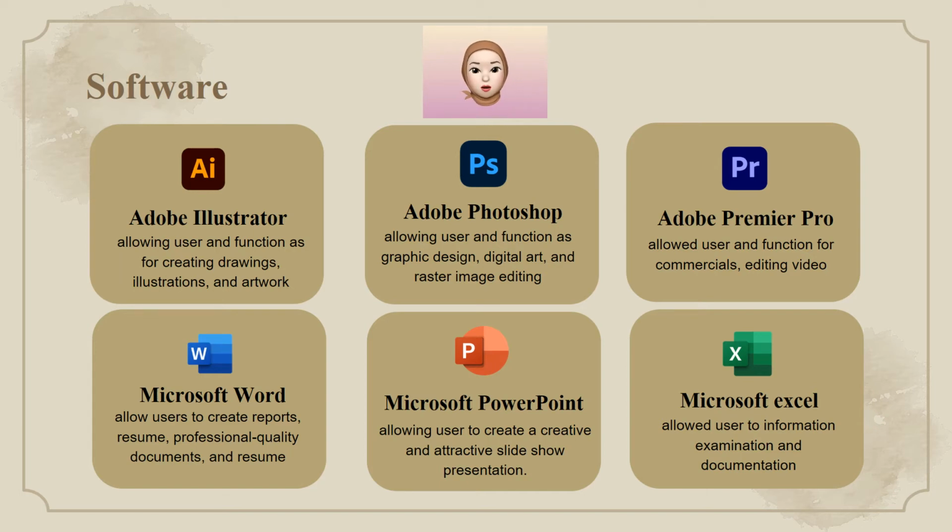Next is the examples of Microsoft application software. First example is Microsoft Word, which allows users to create reports, resumes, and professional quality documents. Second example is Microsoft PowerPoint, which allows users to create creative and interactive slideshow presentations.